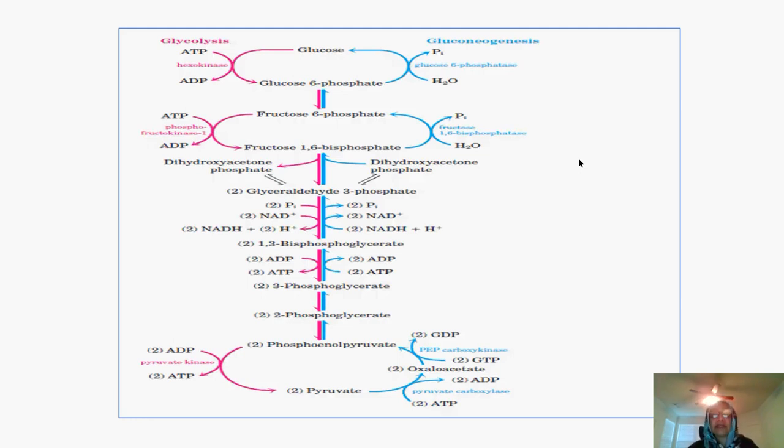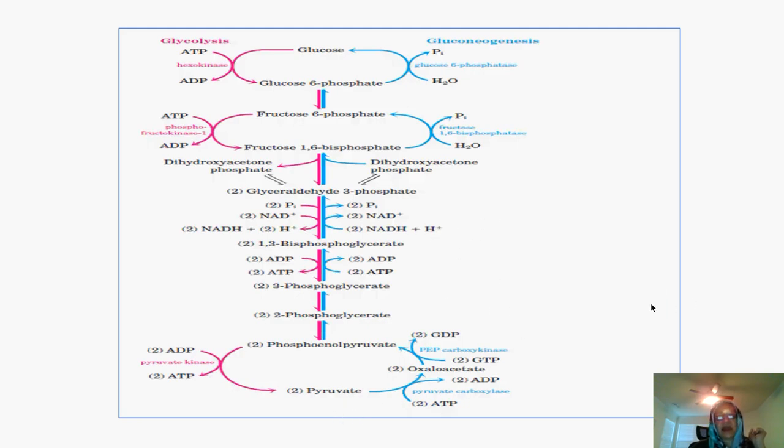Please pay attention, because this is one of the points of confusion. You might ask, if I'm synthesizing glucose, does that mean the liver uses it? By the way, gluconeogenesis takes place in the liver. The liver is heavily synthesizing glucose.